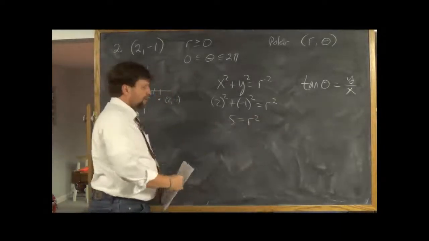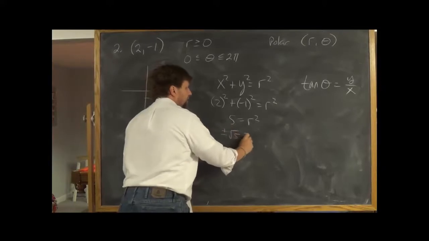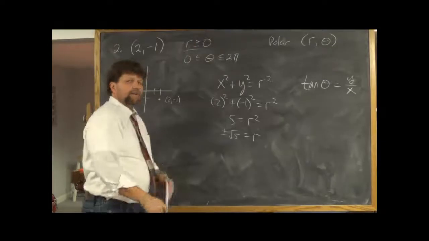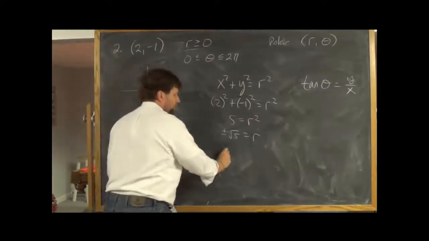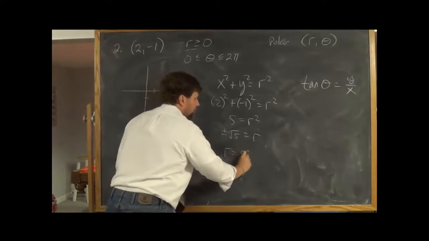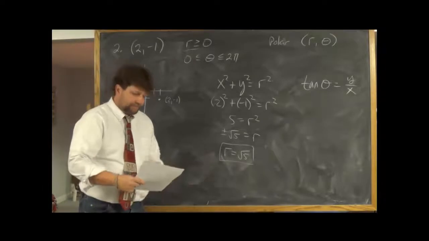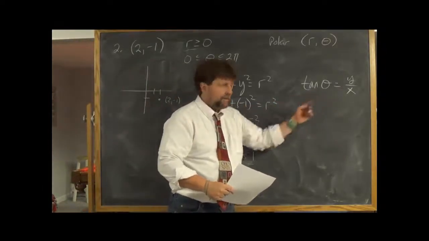And when I take the square root of both sides, I get plus or minus the square root 5 is equal to r. But since I gave you those directions to use the positive directed distance, for this problem we will use r is the square root of 5. So now I need to figure out what my directed angle is.